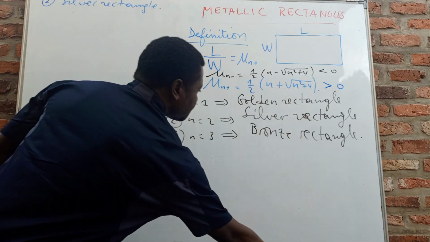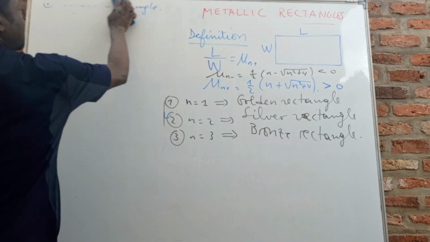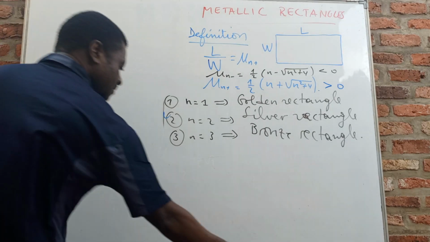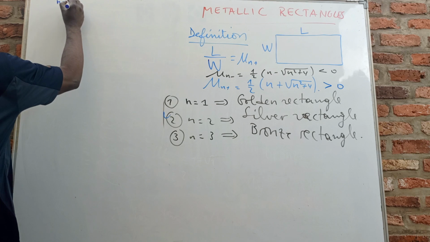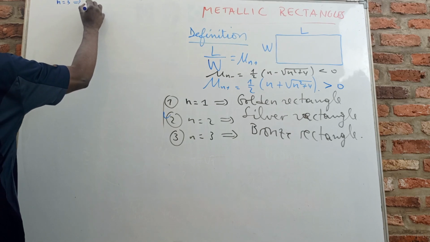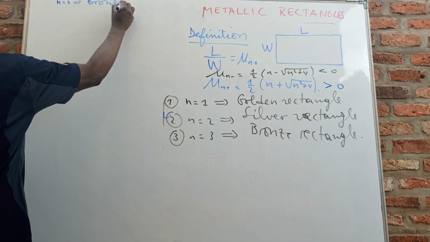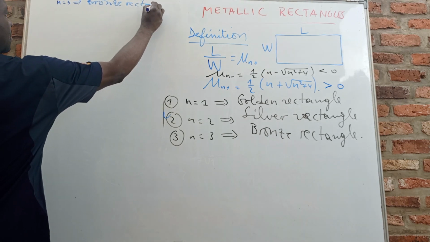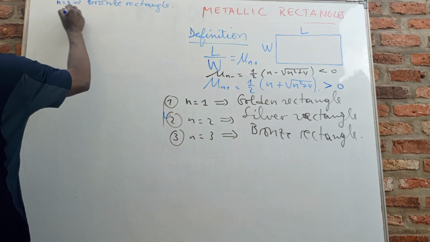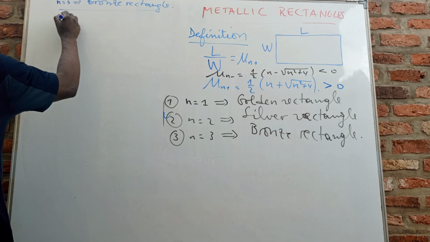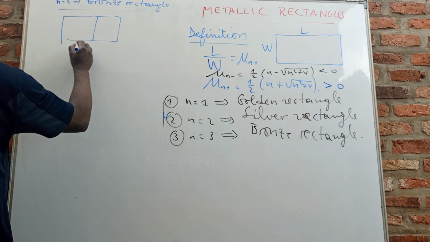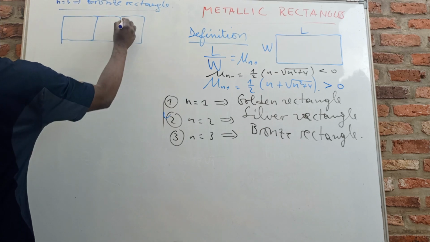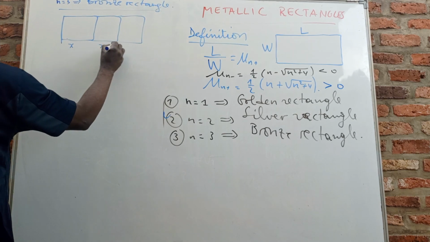So we have n equal to 3, we have a bronze rectangle. So let us use now this 3, with sides 1, 2, 3, x, x, x.